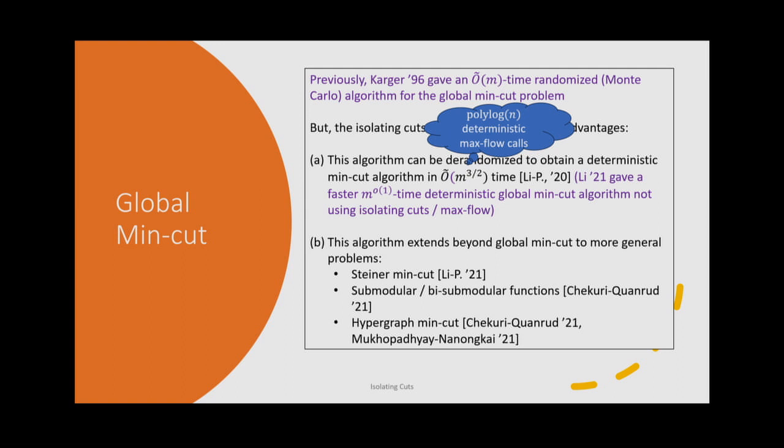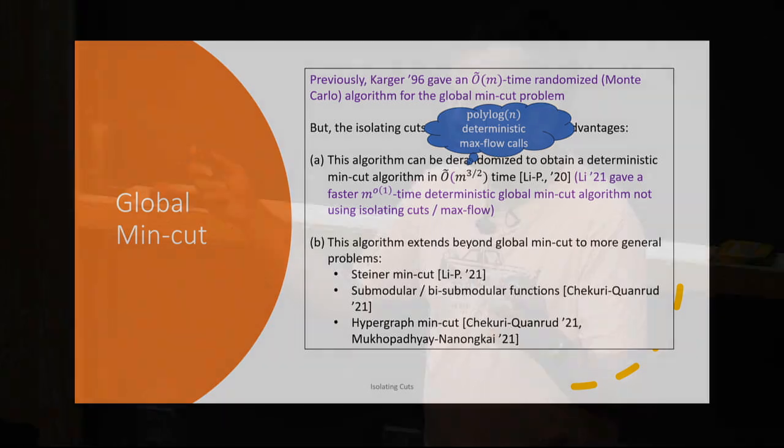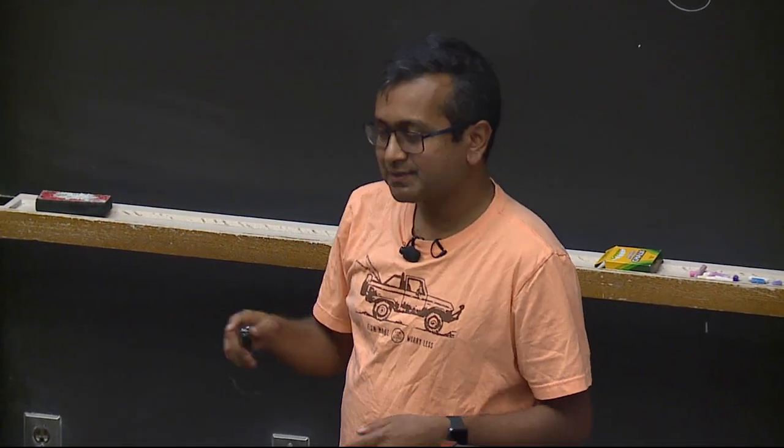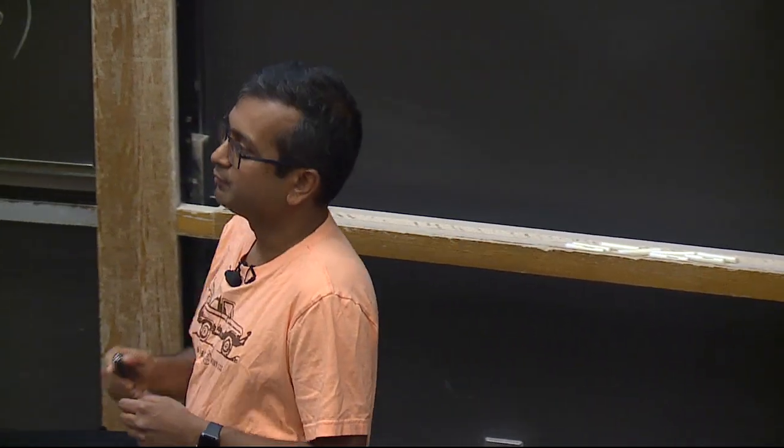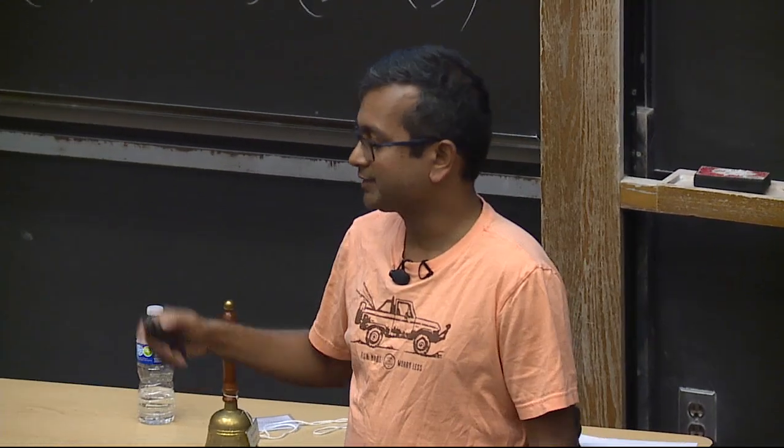So this is work of Chekuri and Quanrad, and for hypergraph min-cuts, which can be cast as a special case of the previous bullet. This was also in the Chekuri and Quanrad paper, also independently observed by Mukhopadhyay and Nanongkai.